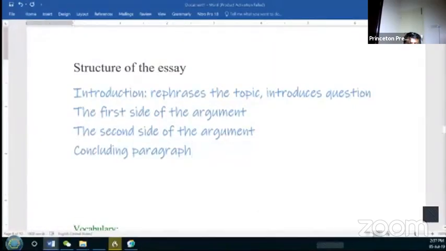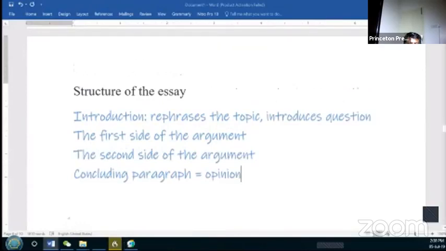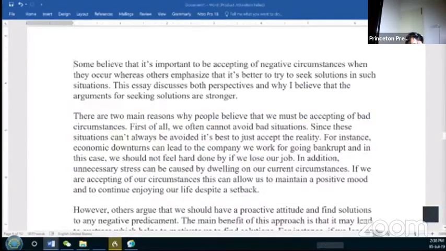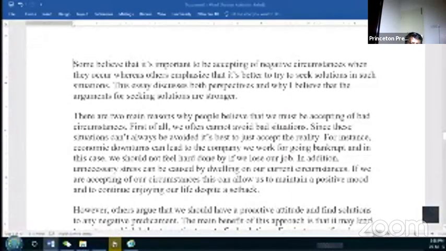Then finally we want to have a concluding paragraph, which is where we state our opinion. Now, the structure of the essay is where the examiner is going to focus in terms of cohesion and coherence, and as well as this, they're going to be looking for linking words within paragraphs, and let's just see if we've got a few of those.